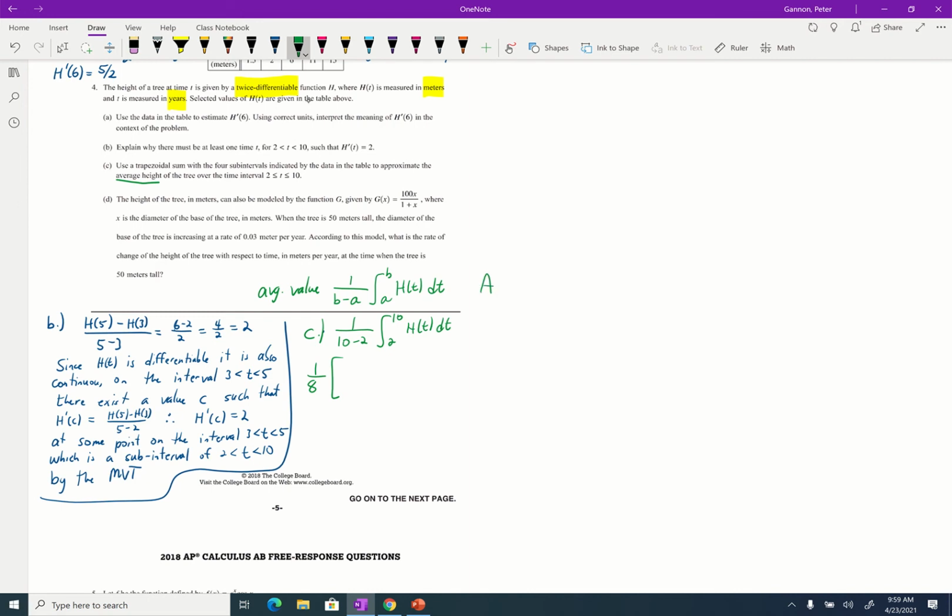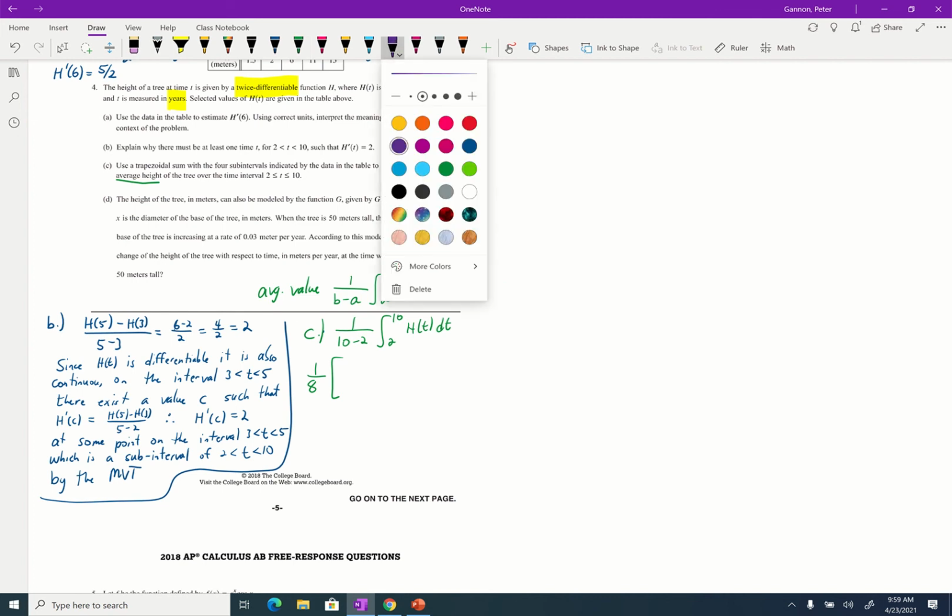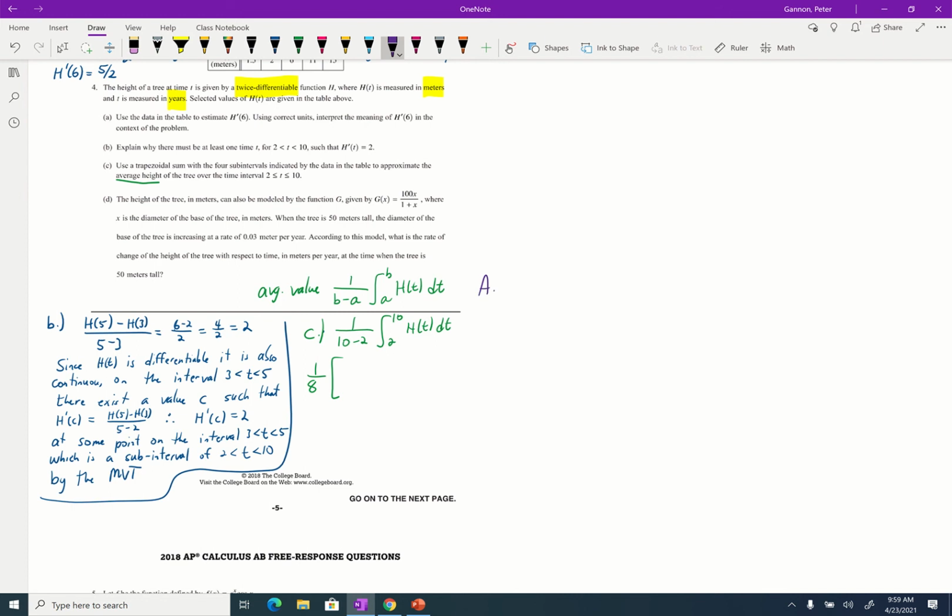Again, area of a trapezoid, we'll write this off to the side here, is 1/2 the height times base 1 plus base 2. The height is the width in this case. So they're all going to have that 1/2. So you could, in theory, just pull that 1/2 out with the 1 over 8 and then multiply it by the height times the sum of the bases for each trapezoid.